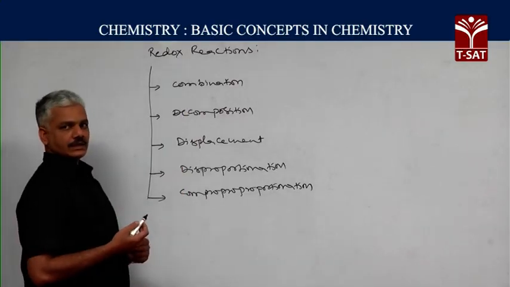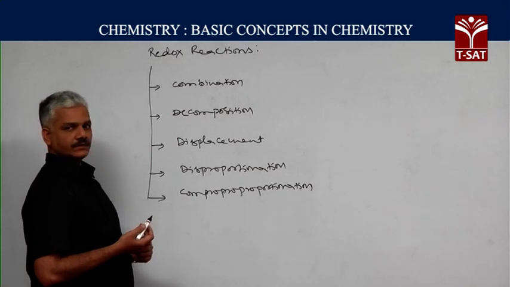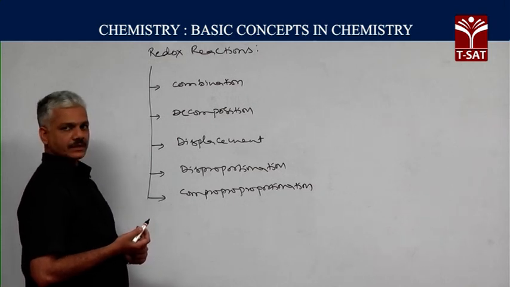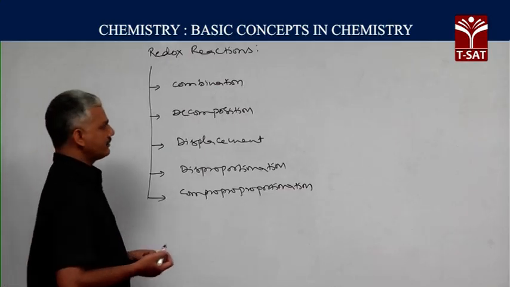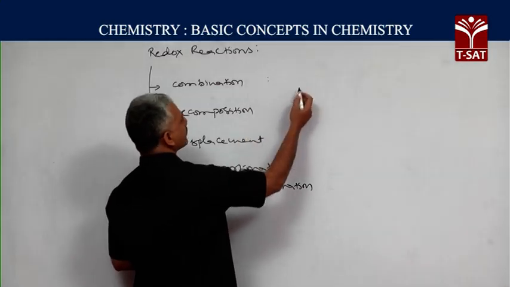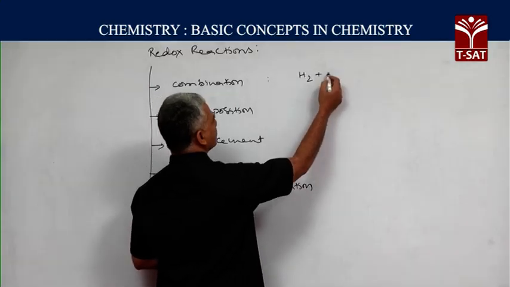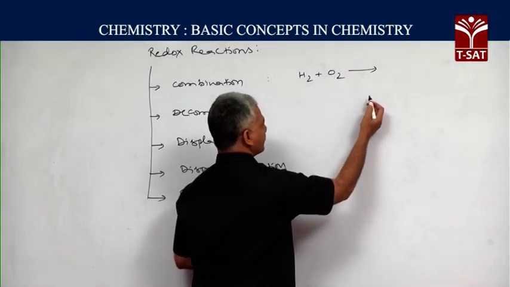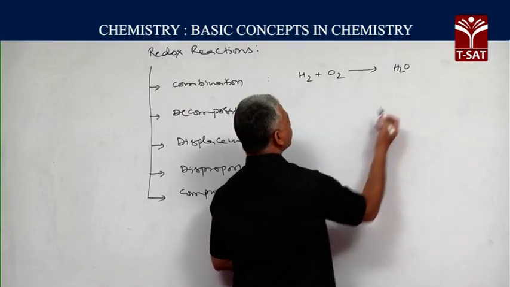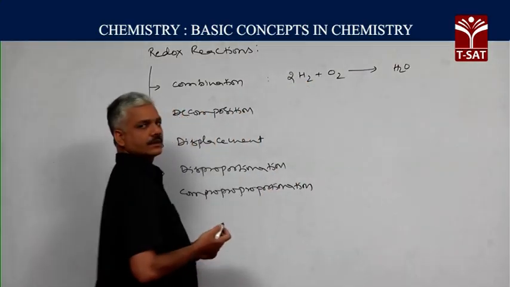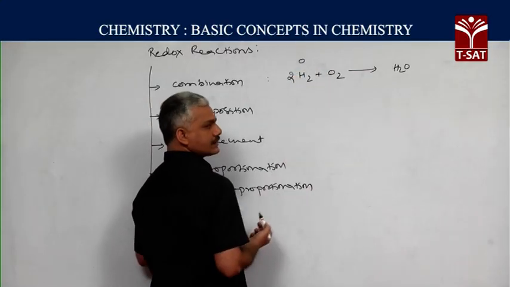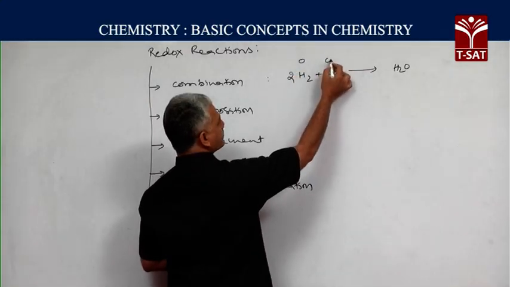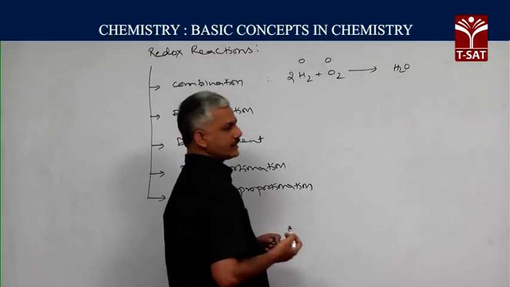Combination means the reaction, a redox reaction in which two or more elements combine together to form a product. Say for example, hydrogen reacts with oxygen to give water. In this, on the reactant side, hydrogen oxidation state is 0, oxygen oxidation state is also 0.